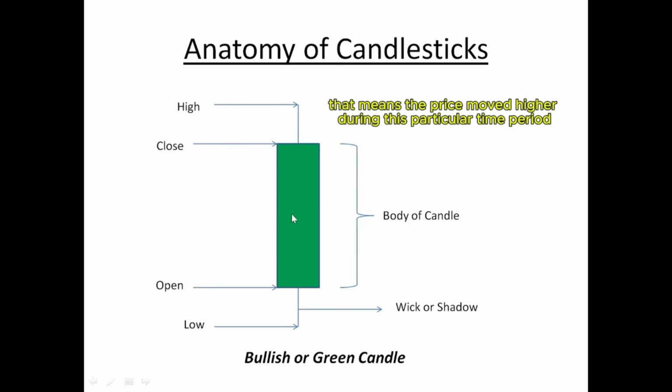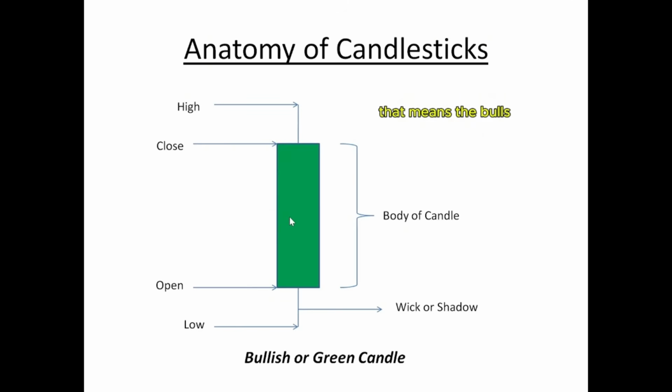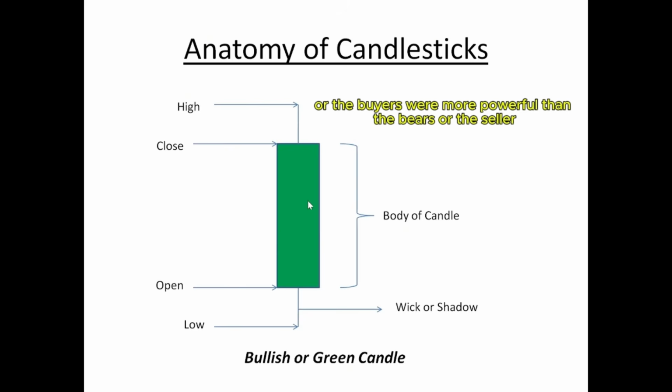So that means the price moved higher during this particular time period. That means the bulls or the buyers were more powerful than the bears or the sellers. That's why this particular candle is called a bullish candlestick, or it is usually represented by a green color.